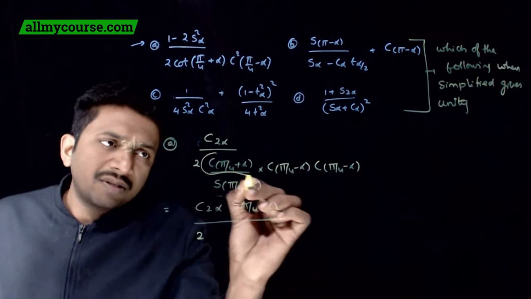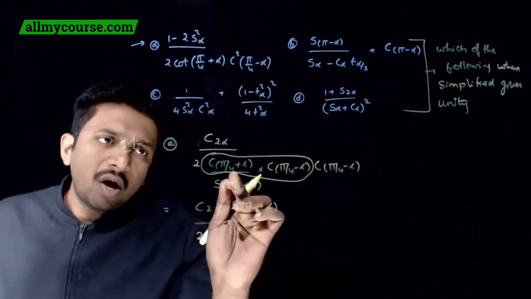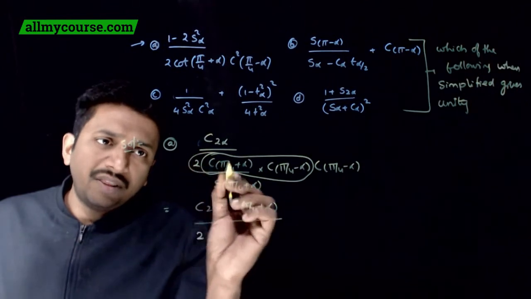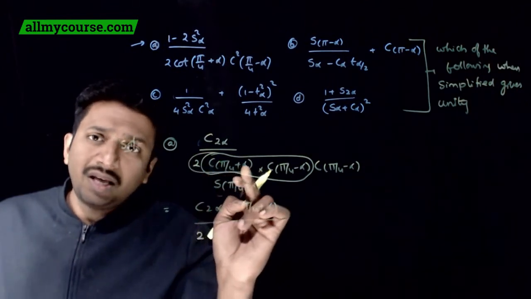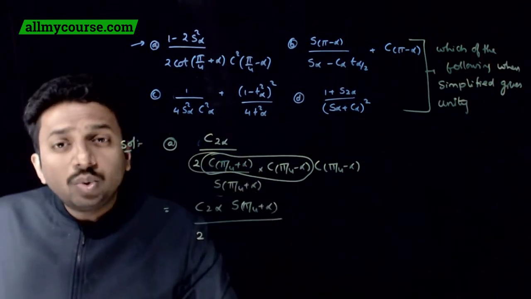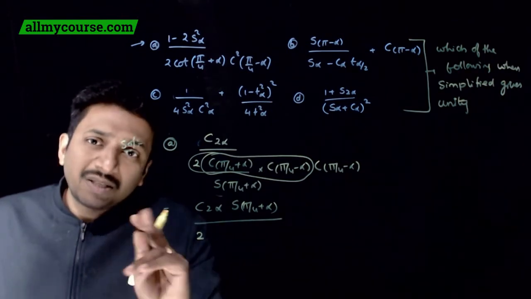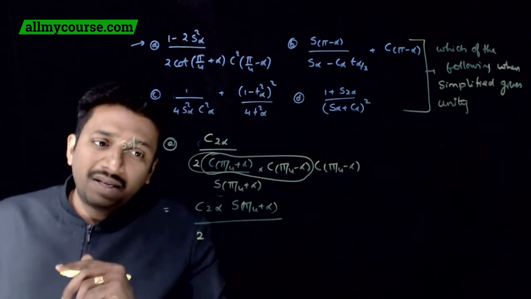So these 2 terms look like cos a plus b into cos a minus b. So with 2 it becomes 2 cos a cos b. So what is 2 cos a cos b? 2 cos a cos b is cos a plus b plus cos a minus b, right?